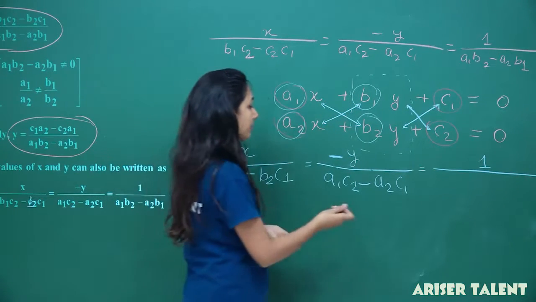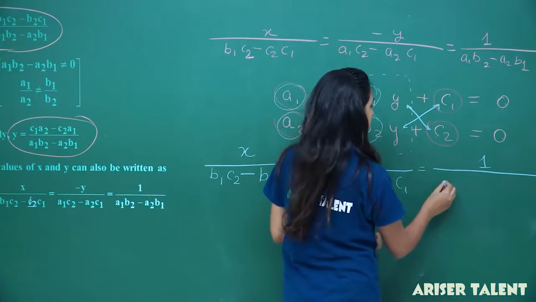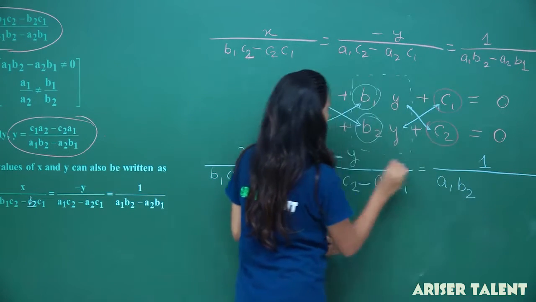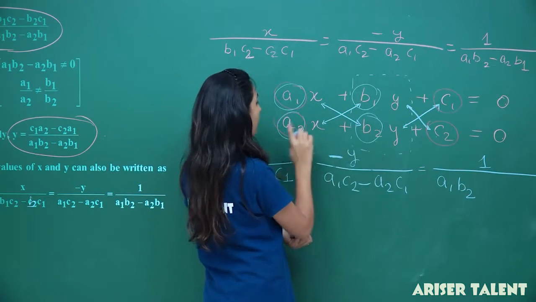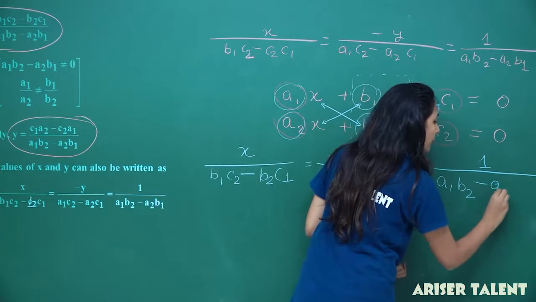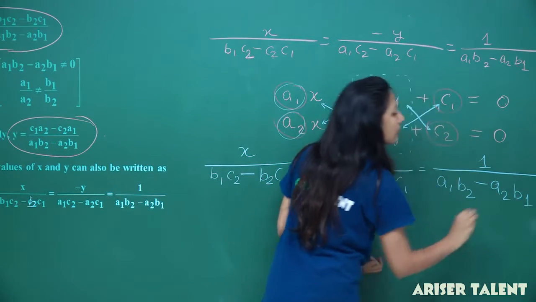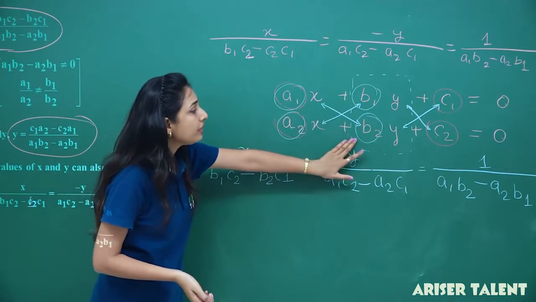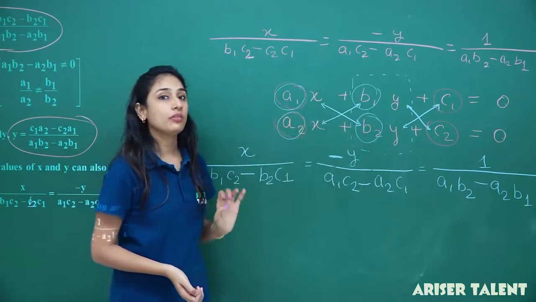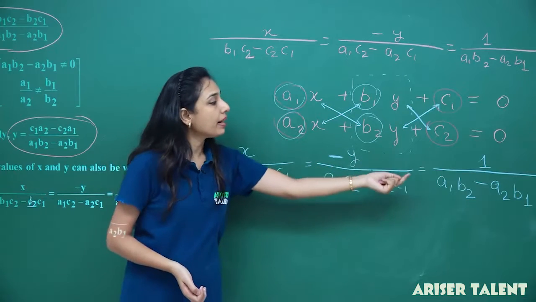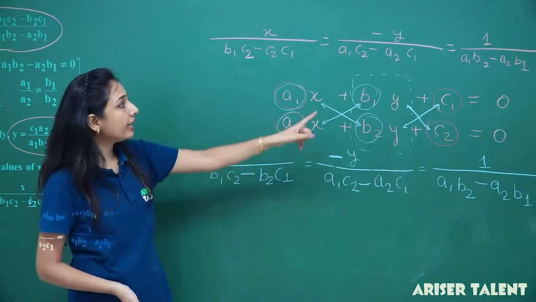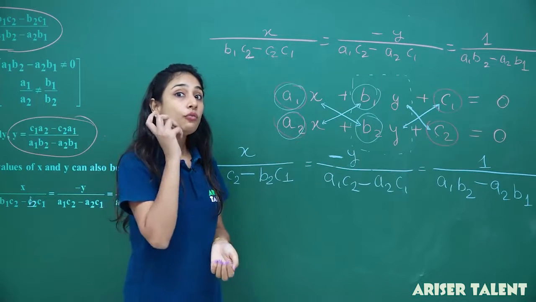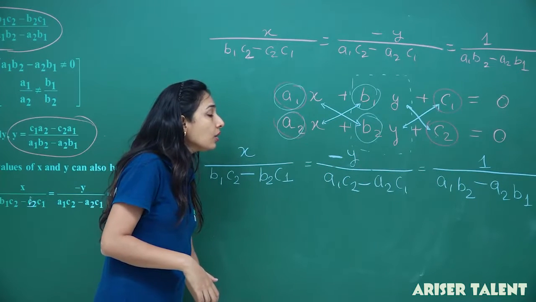So that will be A1 B2 minus A2 B1. That is A1 B2 minus A2 B1.